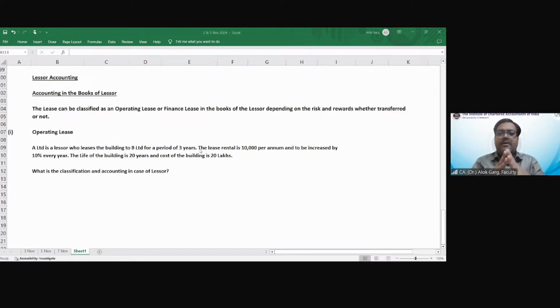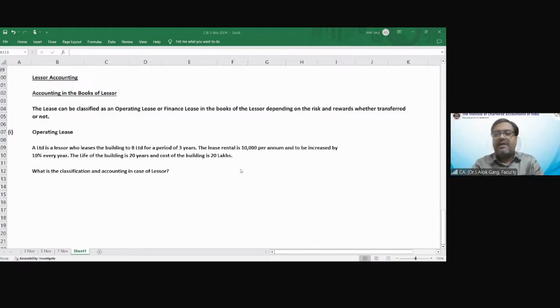Yeah. So this is an operating lease because, number one, the ownership is not getting transferred at the end of the lease term. Number two, the asset is not used for the major part of the economic life. Number three, the present value of the lease payment is not substantially equivalent to the market value of the asset.